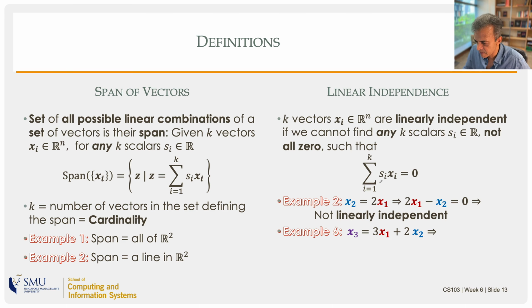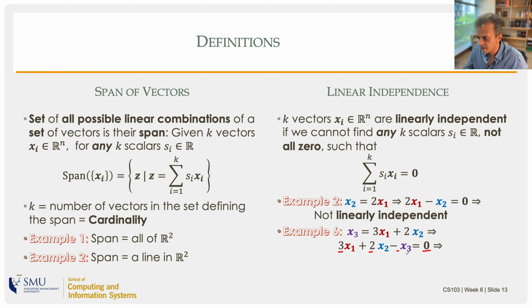In example 6, we explicitly stated that my purple x3 was 3 times x1 plus 2 times x2. That means that 3 times x1 plus 2 times x2 minus x3 was 0. So 3, 2 and minus 1 as weighting factors in a linear combination gave me the 0 vector.